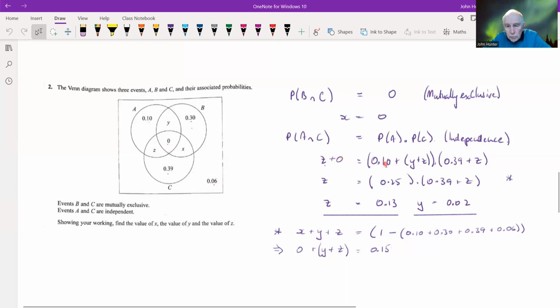It is equal to the probability of A, which is going to be this 0.10 plus the sum of these. I've left the 0 out there, so plus Y plus Z there.